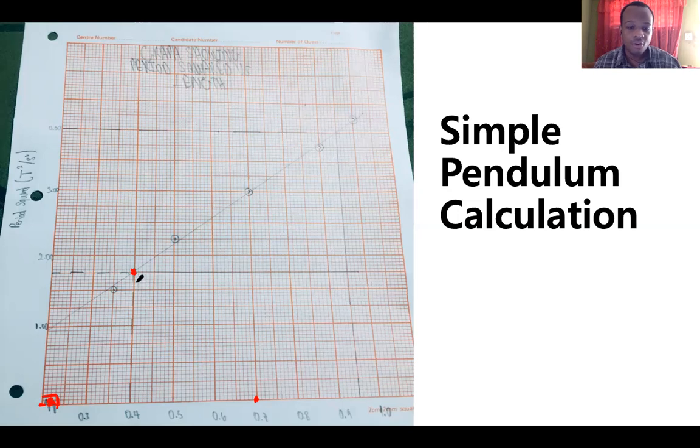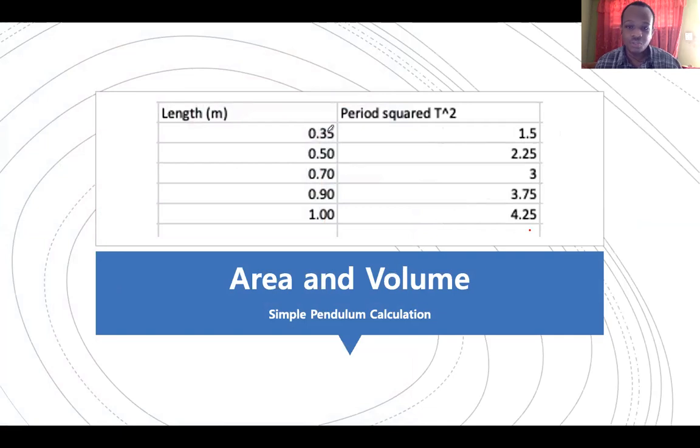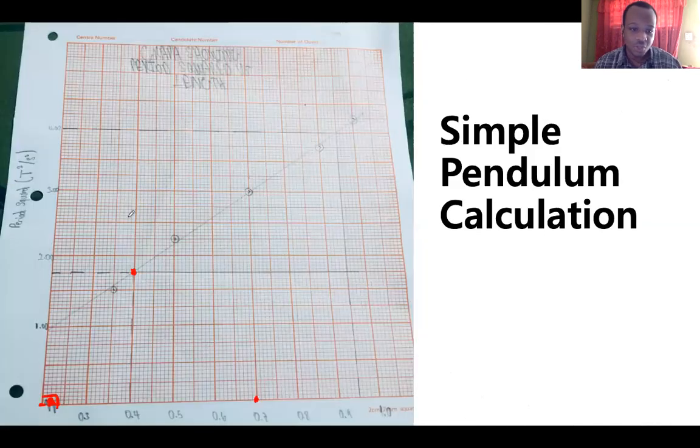Now for the actual points, remember to match your values. So we have 0.35 to 1.5. 0.35 is about here for your first value, and then we match that to 1.5.